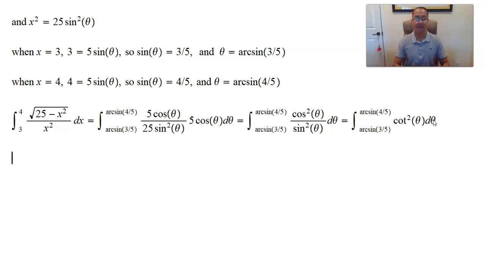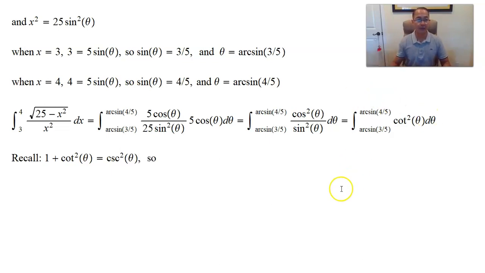So, same idea. What is the Pythagorean identity? 1 plus cotangent squared theta is, anybody? Yes, hopefully you remember, it is cosecant squared theta. Okay, and we know how to integrate cosecant squared theta.